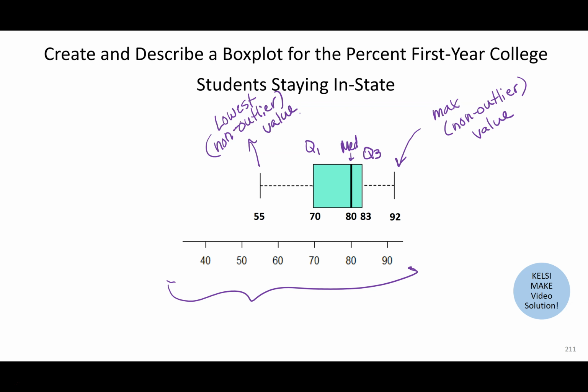So my lower whisker is going to extend to the lowest value I had before it was an outlier. So it's not going to extend to that 50.5. If you look at the data set, 55 was the lowest value that was not an outlier. And then you have to include the outliers as well. Whatever your lowest value is, this is my minimum. Whatever your highest value is, it's your max, or your maximum.